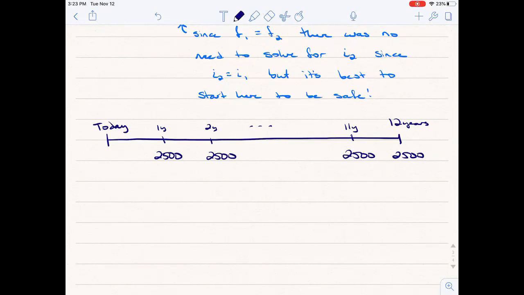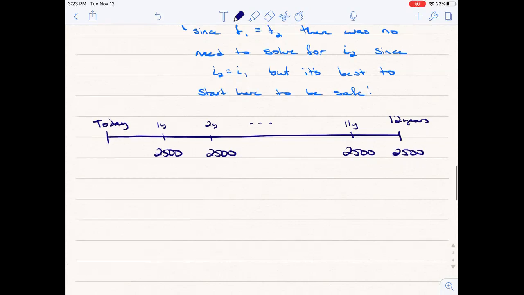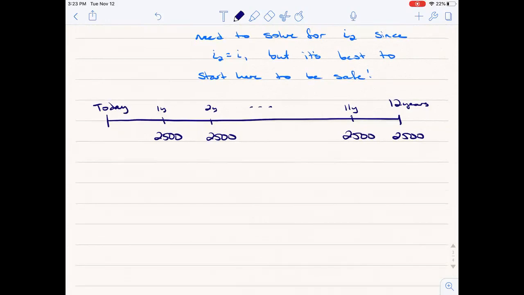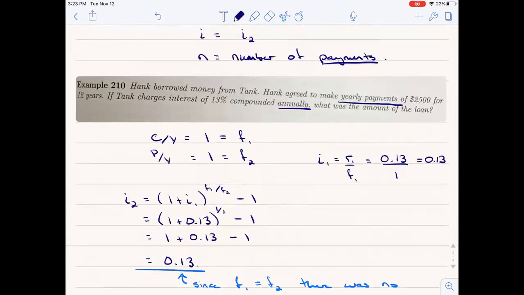If we're borrowing money and paying it off, and we have to find how much money we borrowed, that's going to be the present value. Money is always kind of switching back and forth: I borrow money and then pay it off until I've got nothing owing, or I pay money until I've got some amount I can take out.